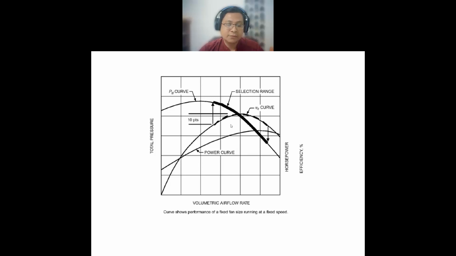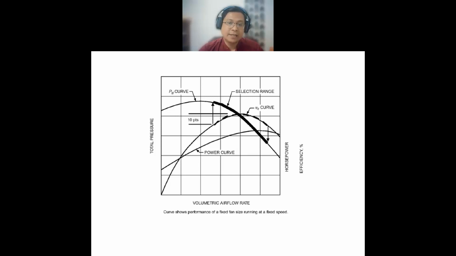Okay, let's say we have already plotted the graph of BHP, static pressure, and horsepower.